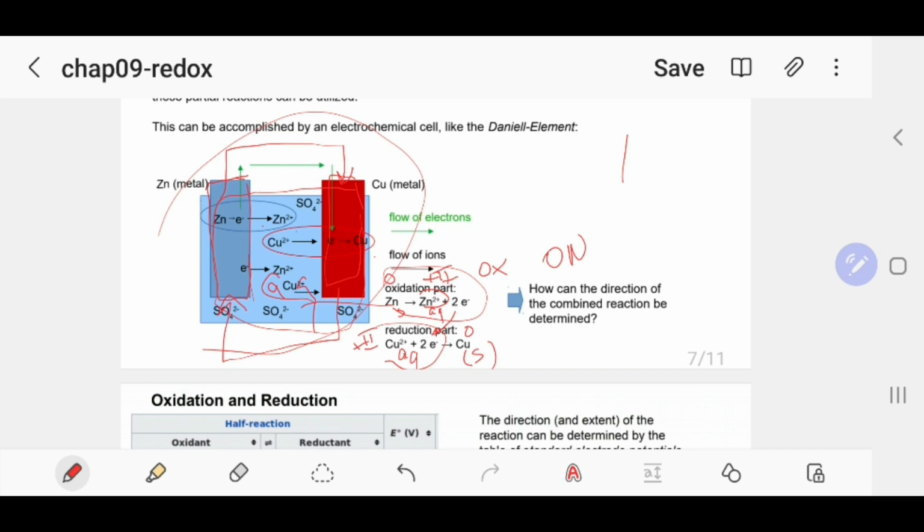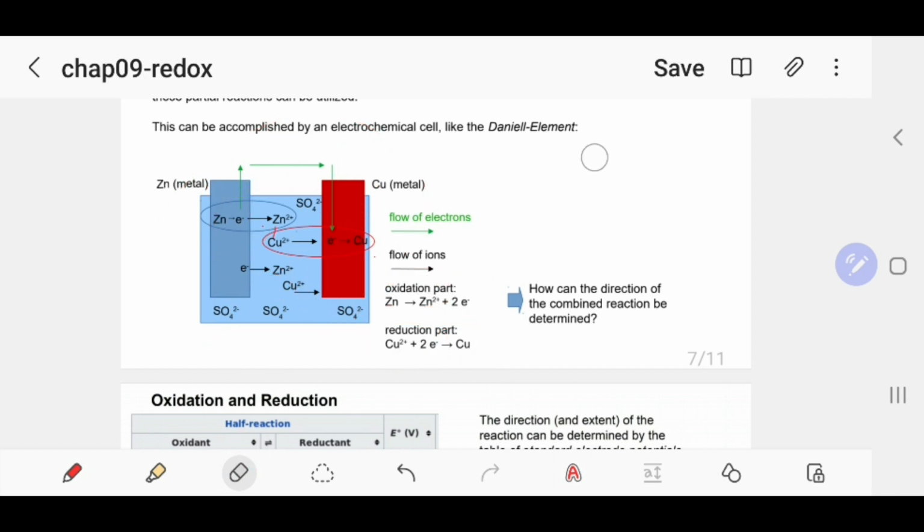The metal terminal, which is negative, will give away electrons in the solution, which contains ions, and these ions will capture the electrons released by the initial metal terminal and will deposit on the positive terminal, regardless of whether this one or this one. So we will determine later on which one is the negative, which one is the positive. So let's suppose zinc is the negative terminal.